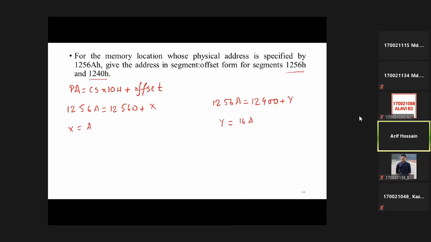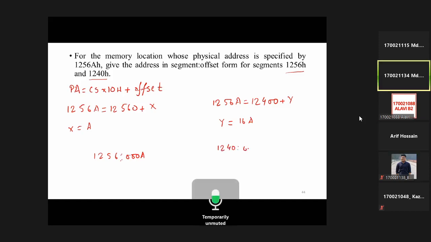So for 1256, your answer will be 1256, then a colon. After that, what do we write? A. We write 000A. And for this one, we will write 1240, then 016A.